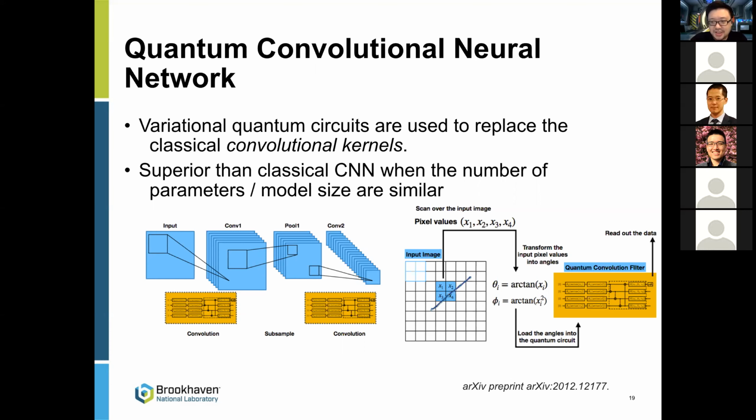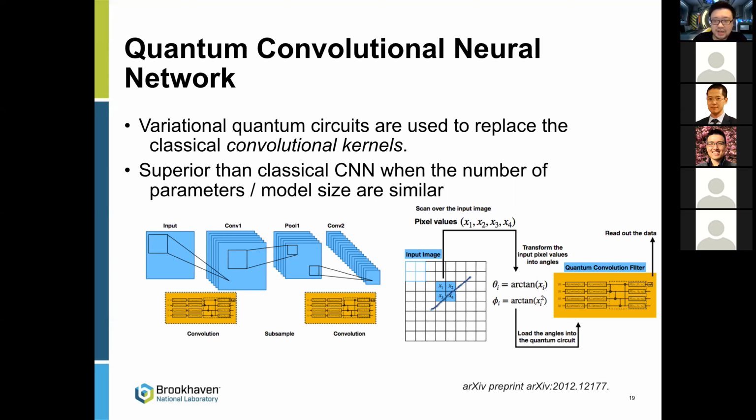There's an interesting question of whether it is better to use a variational quantum circuit to replace these classical neural networks. As the experiment showed, it can provide certain advantages over the classical convolutional neural networks.